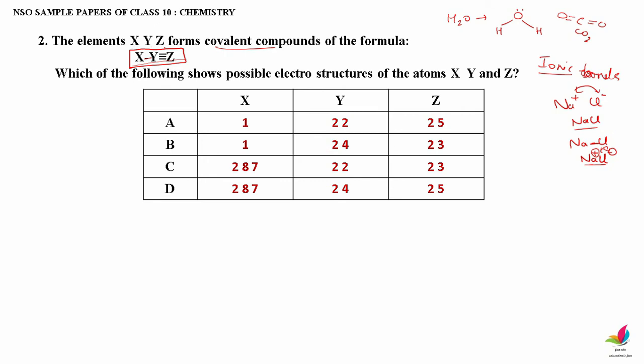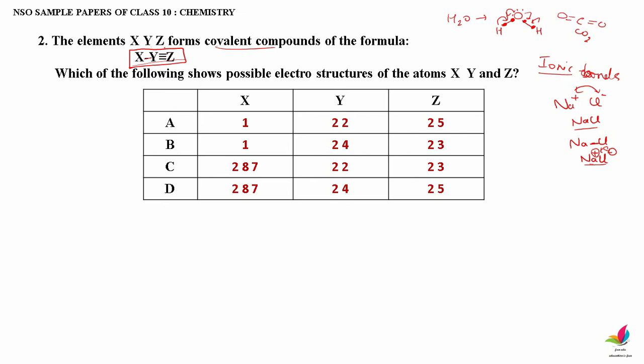It means the bond is formed due to the sharing of electrons. One electron from hydrogen and one electron from oxygen will be shared. Similarly here, one electron from oxygen and one electron from hydrogen will be shared. So this mutual sharing of electrons results in a covalent bond, and electrostatic attraction results in ionic bonds.